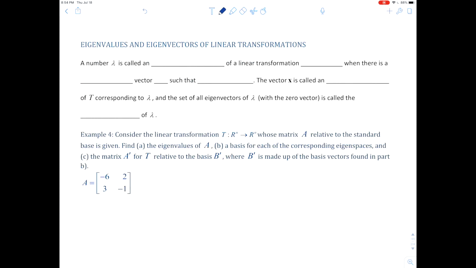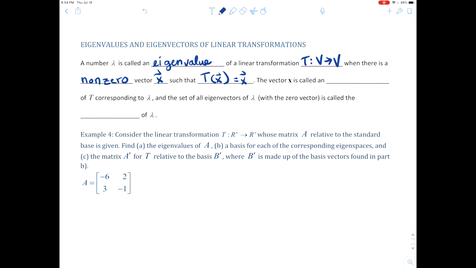Eigenvalues and eigenvectors of linear transformations. A number lambda is called an eigenvalue of a linear transformation T, where T is going from some space V to V, when there is a non-zero vector x such that T of x equals lambda x.